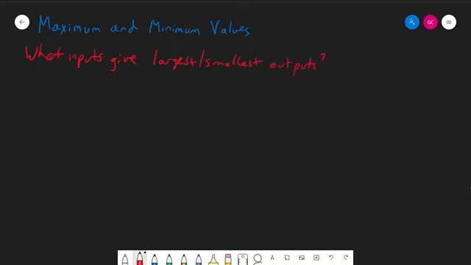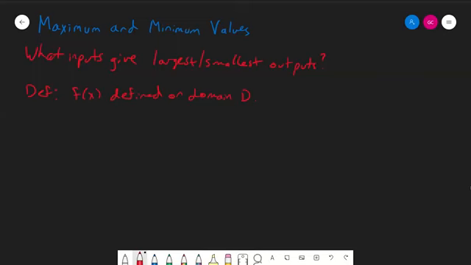So to start our study of maximum and minimum values, we'll start with a couple of definitions. Suppose that you have a function f of x, which is defined on some domain D. D might be the whole real line, or it might be just a subset of it.